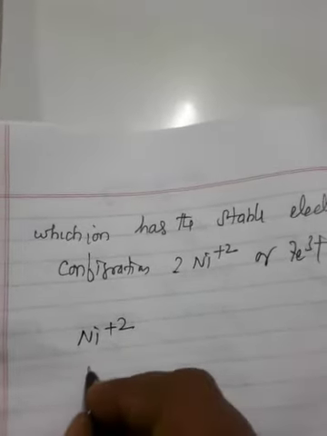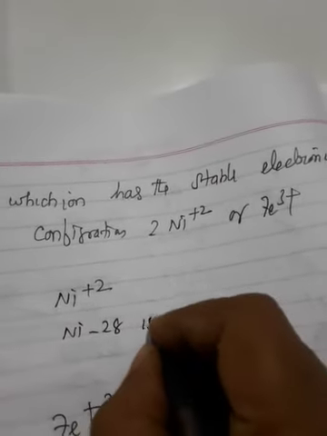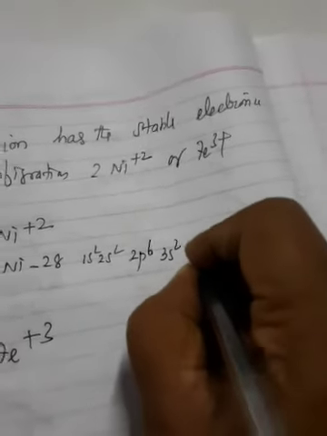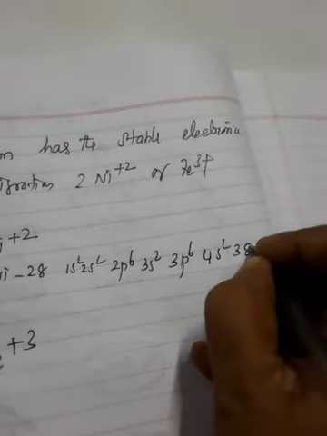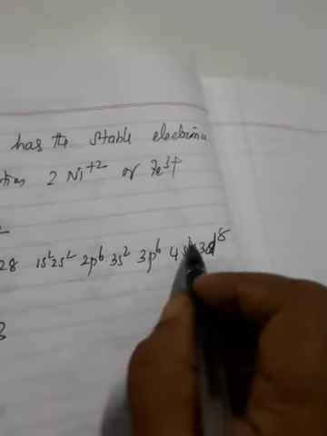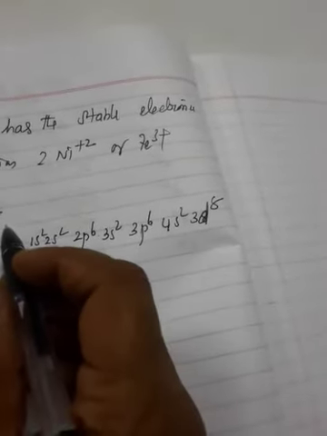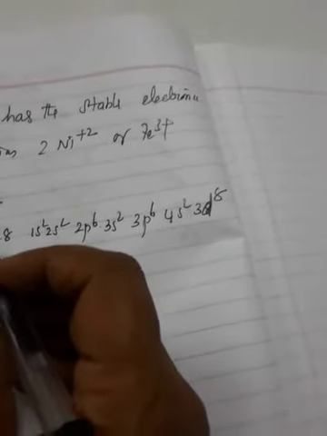Ni, nickel, means atomic number 28. The configuration is 1s2, 2s2, 2p6, 3s2, 3p6, 4s2, 3d8. Now it is asked, nickel plus 2. Plus 2 means the ion gets a positive charge by the loss of electrons.